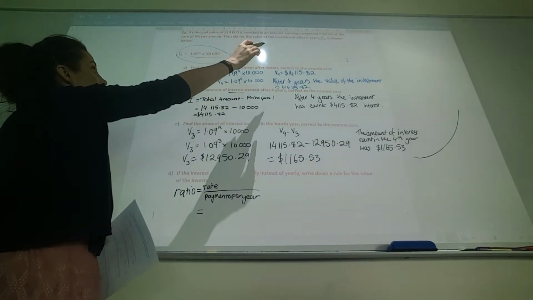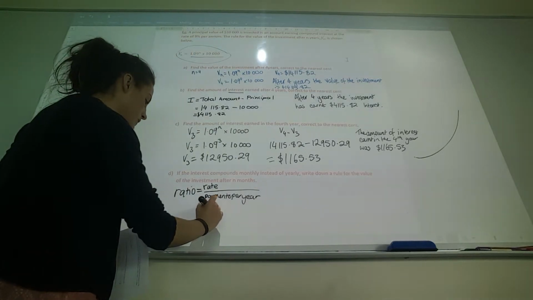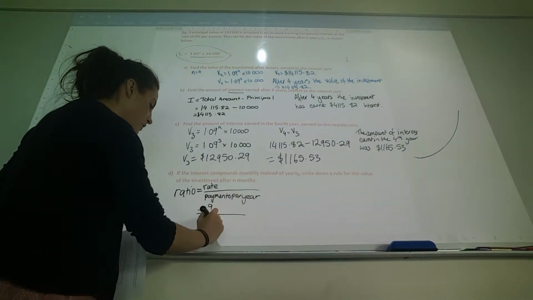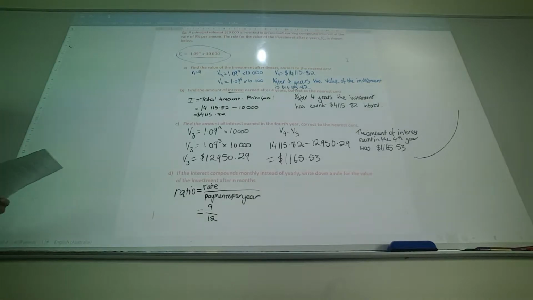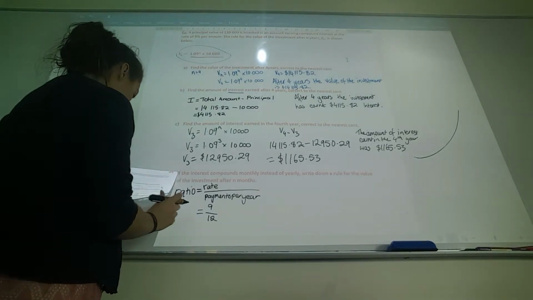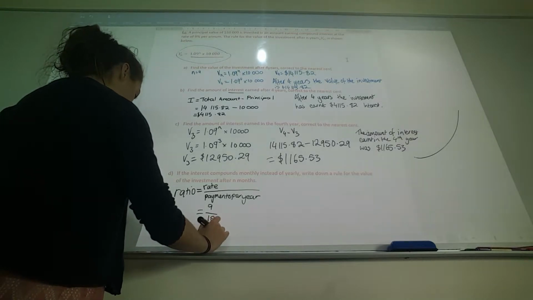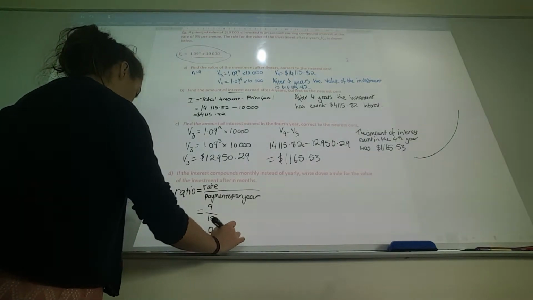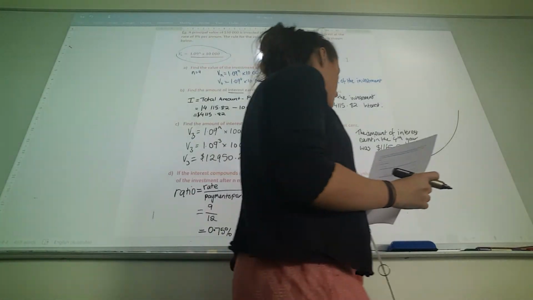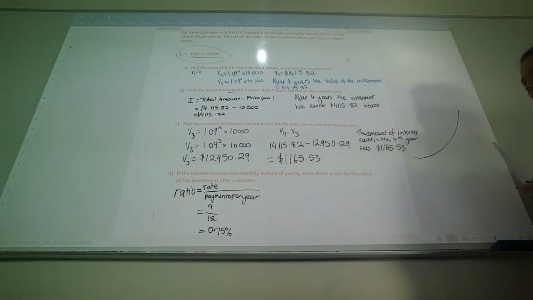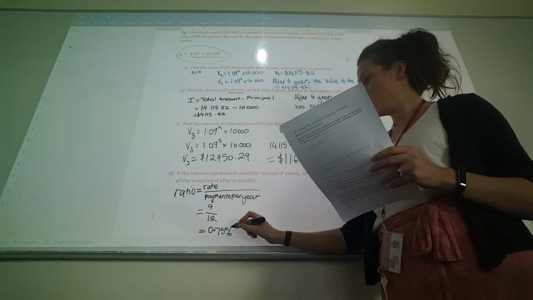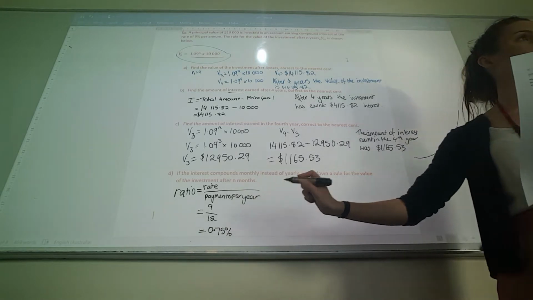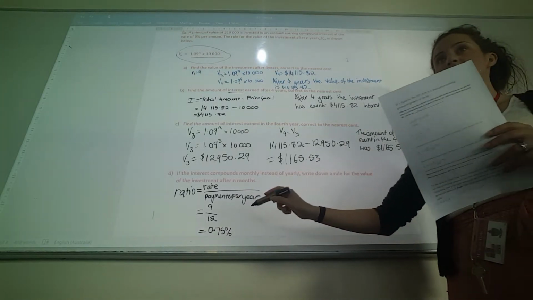Our rate is 9% over 12, because we're doing it monthly, there's 12 months in a year, so we're going to pay it 12 times in a year. And we get 0.75%. So this is what percentage we are using per month.